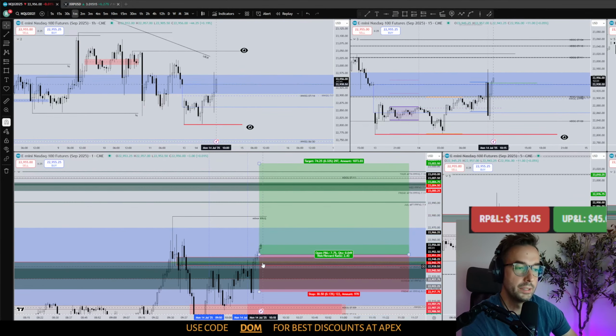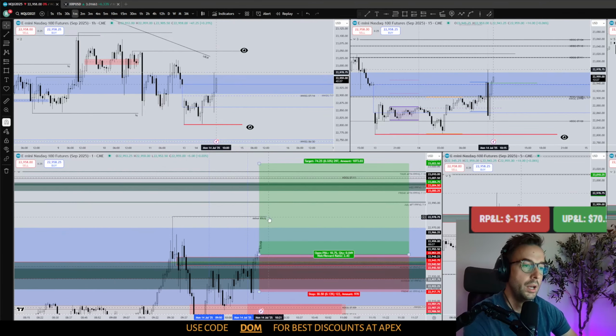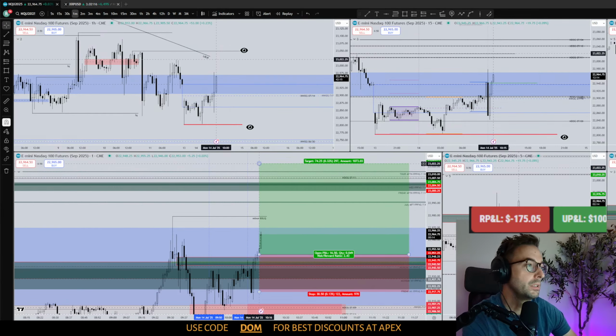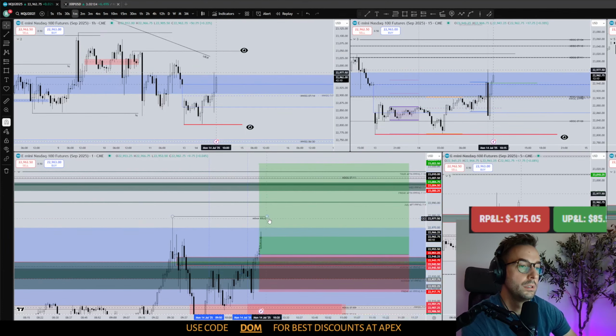And if it comes back and it rejects it, we'll scale in to like 1.5 risk, and then we'll target minor buy side. If it hits minor buy side, that's going to be what, $200 for me. But let's target 122 here. Okay, so this is the position, guys. 23. Once it hits this, we're break even.